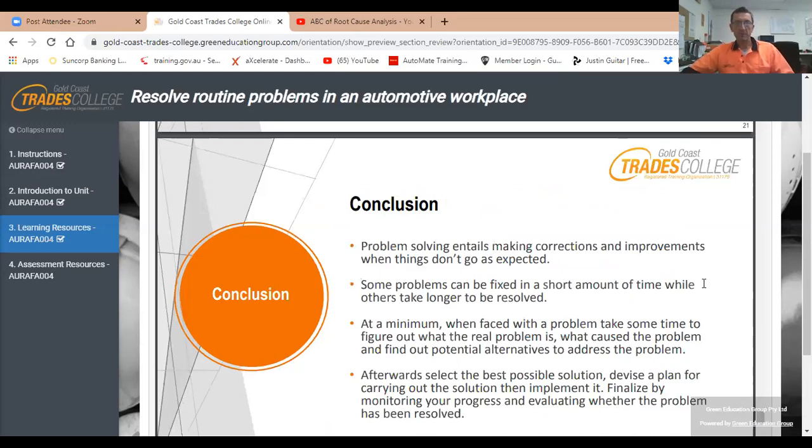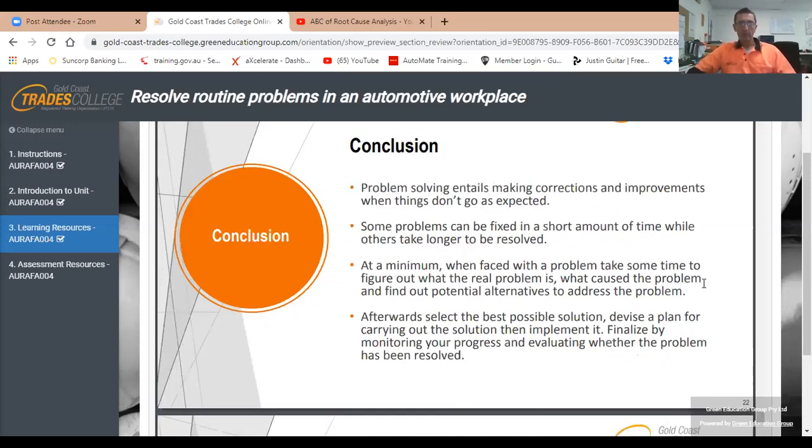So just getting to a conclusion, problem solving entails making corrections and improvements when things don't go as expected. Some problems can be fixed in a short amount of time, while others take longer to be resolved. At a minimum, when faced with a problem, take some time to figure out what the real problem is, what caused the problem, and to find out the potential alternatives to address the problem.